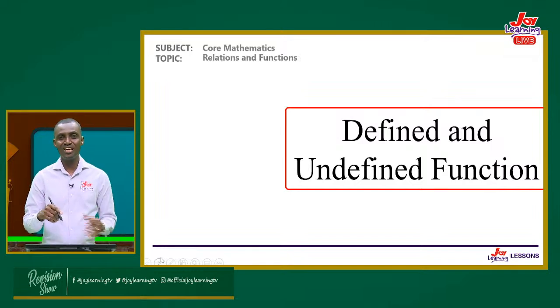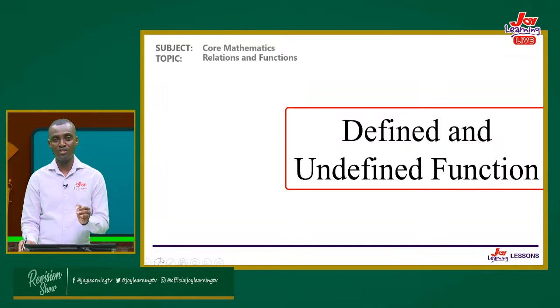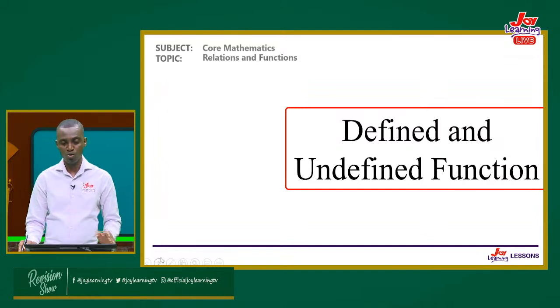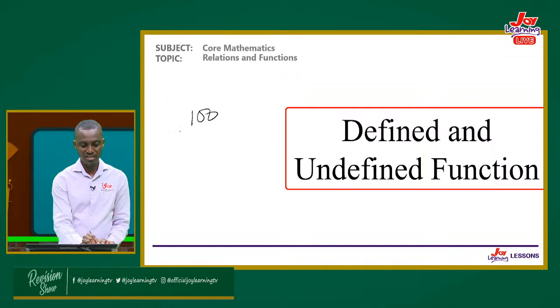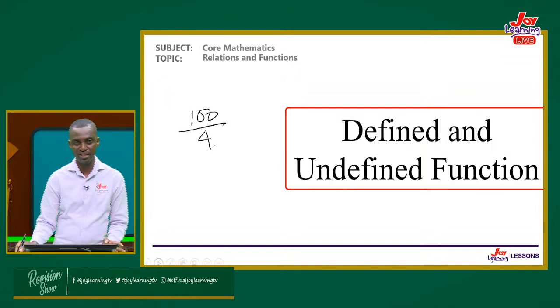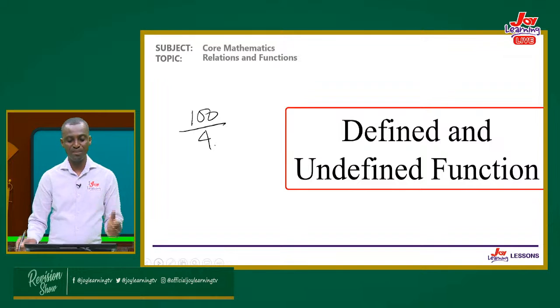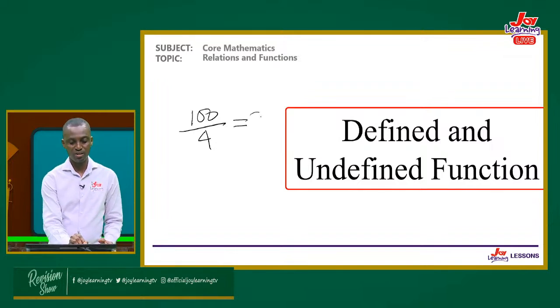Now, when do we say a function is defined and when do we say a function is undefined or not defined? Let's take it from here. Let's have a fraction like 100 divided by 4. We know 100 divided by 4 should give us 25.